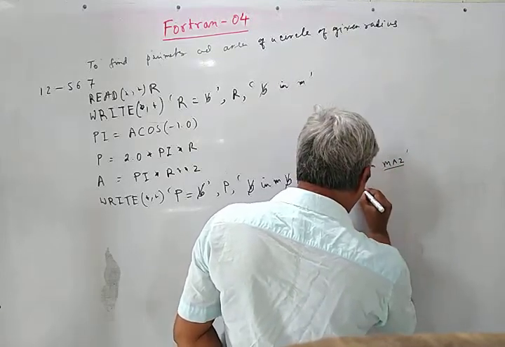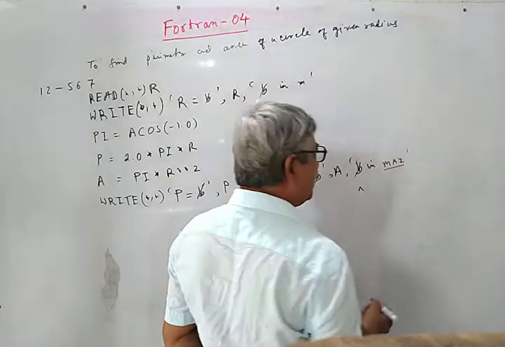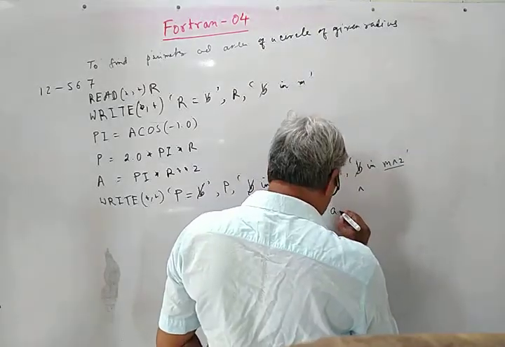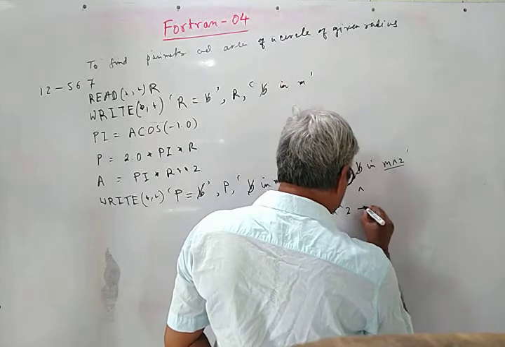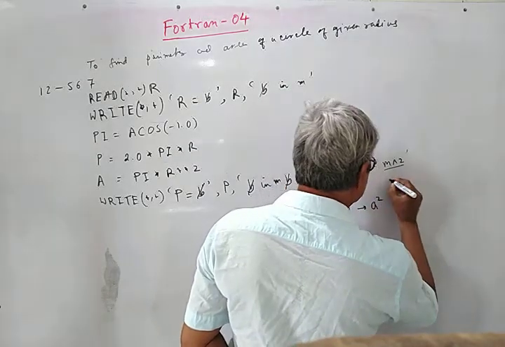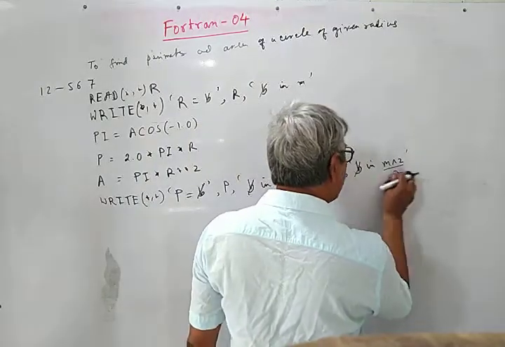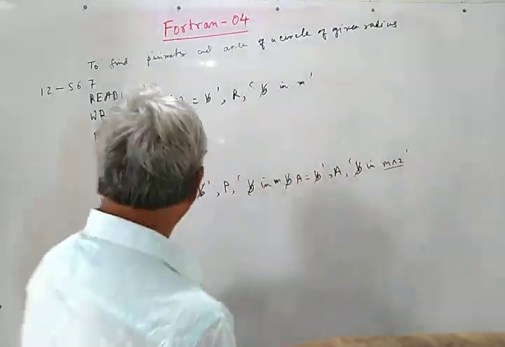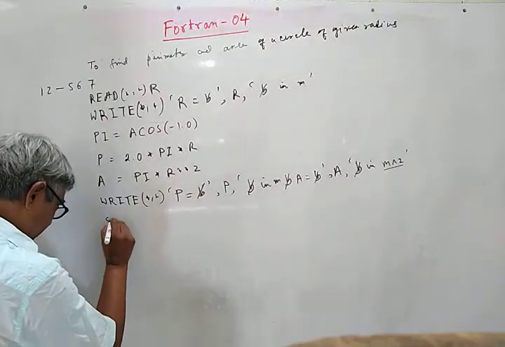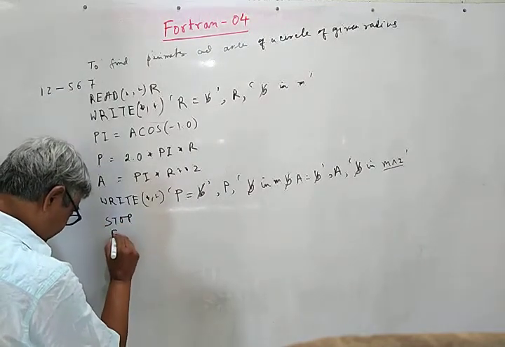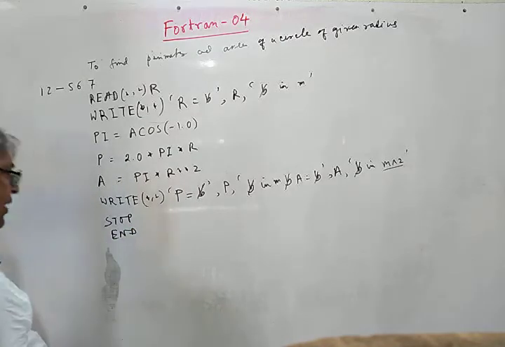This hat is used to denote power. So if we write a hat 2, that means a square, so this represents m square. So area is written in meter square. Then this is stop, and so this is a very simple program which calculates the perimeter and the area of a circle.